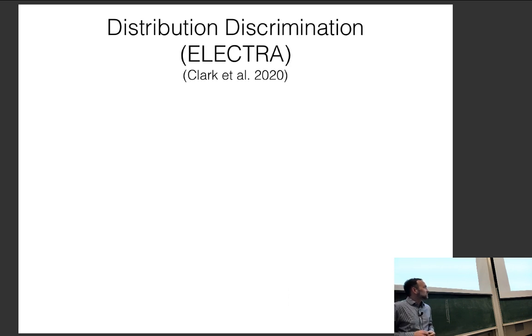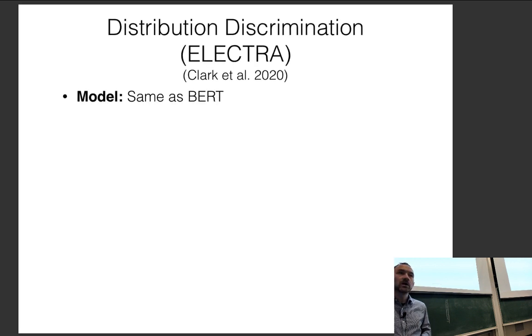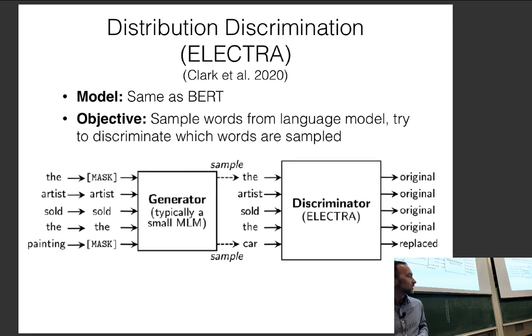Another interesting paper from very recently is this ELECTRA paper. The underlying model is the same as BERT, it's just transformers. But the objective is a bit different. Here, basically what they're doing is they're taking a generator where you take in a sentence, you randomly sample words according to a small masked language model, like a small BERT.